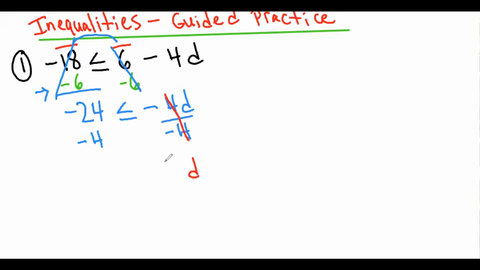We're going to bring this down, and then this is negative 24 divided by negative 4. Now that's the same as doing this. And we know that's 6 because a negative times a positive is a negative. So this has to be a positive 6. So we put the 6 here.